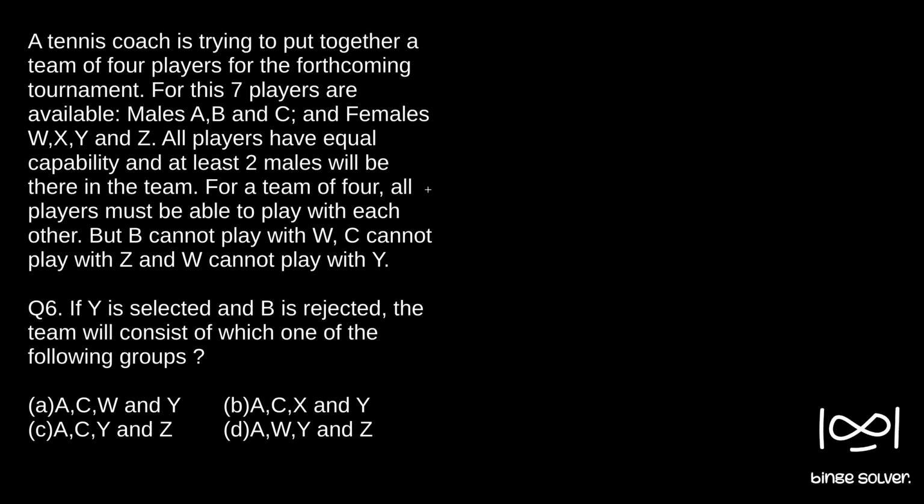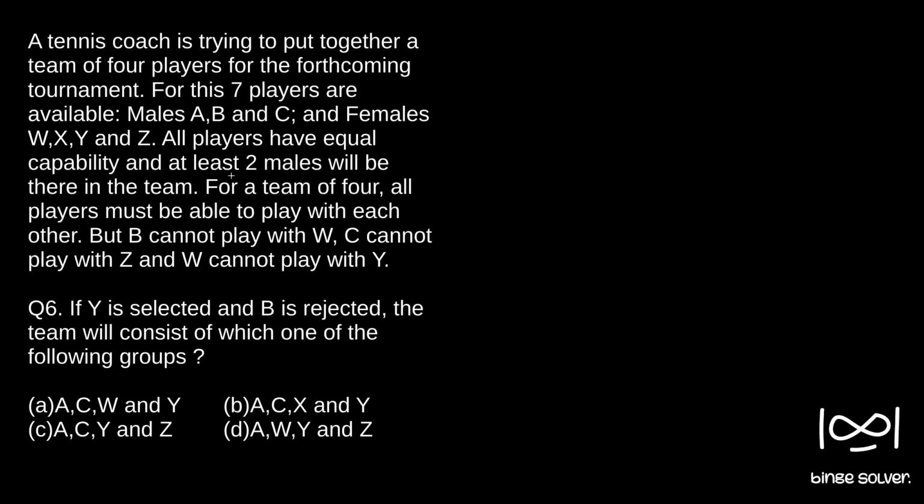For a team of 4, all players must be able to play with each other, but B cannot play with W, C cannot play with Z, and W cannot play with Y. This is the question, and if Y is selected and B is rejected, the team will consist of which one of the following groups? That is the question.